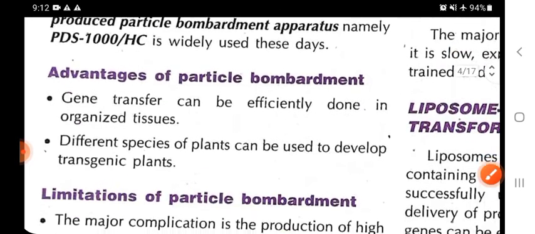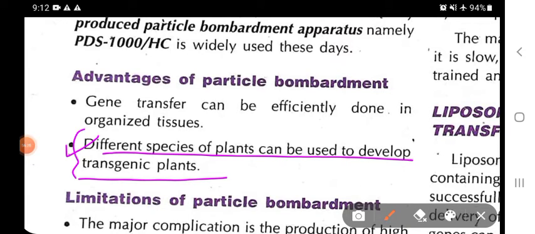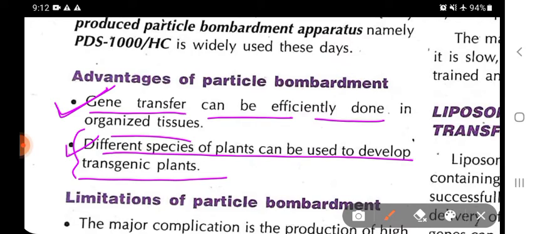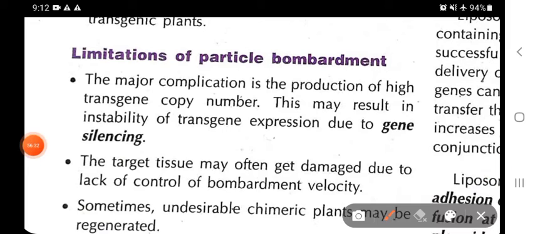Well, particle bombardment has advantages and disadvantages. First, different species of plants can be used to develop transgenic plants. You can also introduce genes into animal cells with the help of this technique. Gene transfer can be done efficiently in organized tissues, but the disadvantage is that high copy number may occur.